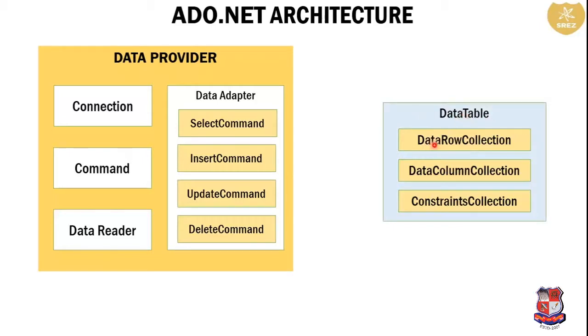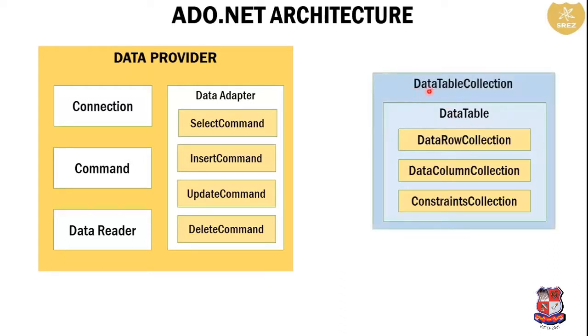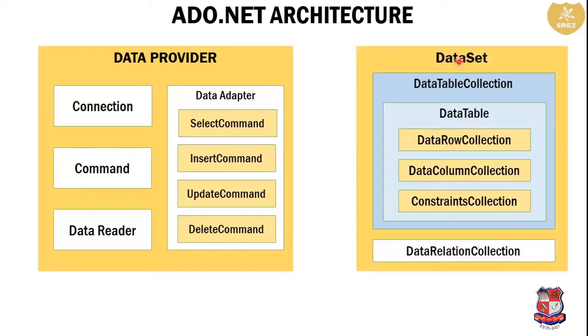It is a collection of rows, a collection of columns, and a collection of some constraints. There is not one table, but there are many tables, so it is called the data table collection. And if many tables exist, there will be some relation between them. It is called the data relation collection, and all these belong to the data set.